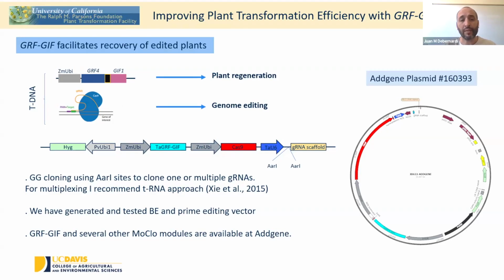We have generated base editors using GRF-GIF. We have also generated and tested prime editing vectors in wheat, and all those work very well. So we have them as MoClo modules. There is also work from the Sainsbury Center where they have combined GRF-GIF with Cas12, and those vectors are also available in Addgene, and they work very well.